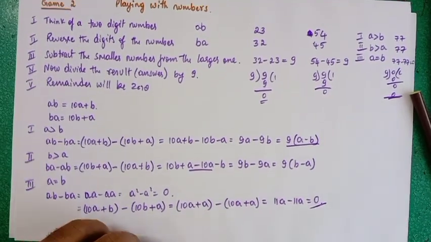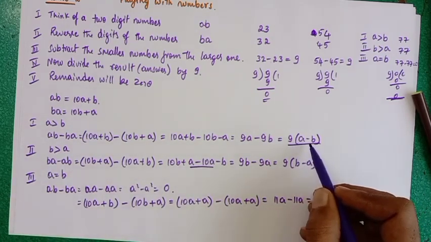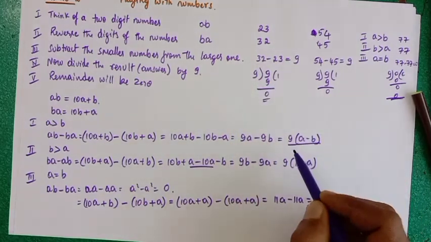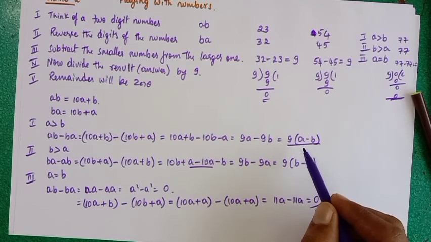Likewise we get 0, so the remainder will be 0. I think we have understood the trick here. As the resulting number is a multiple of 9, you will get the remainder as 0.